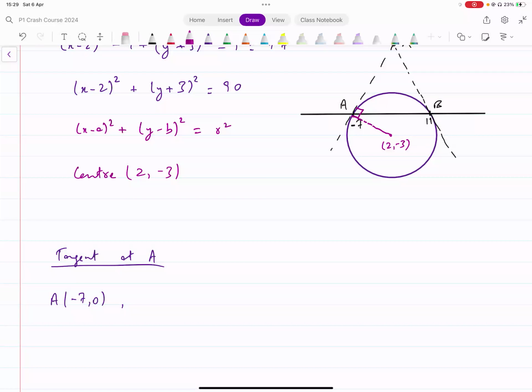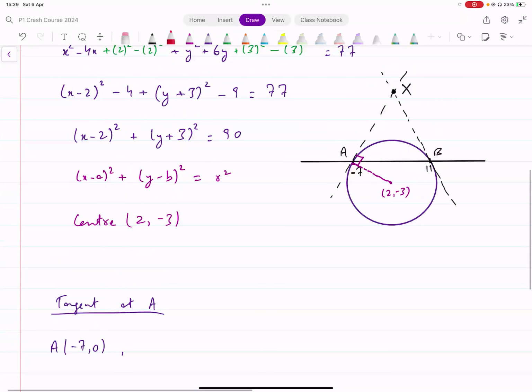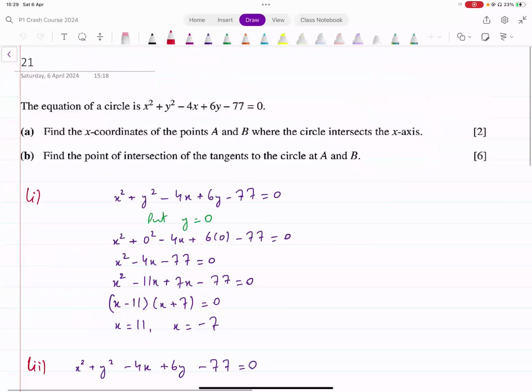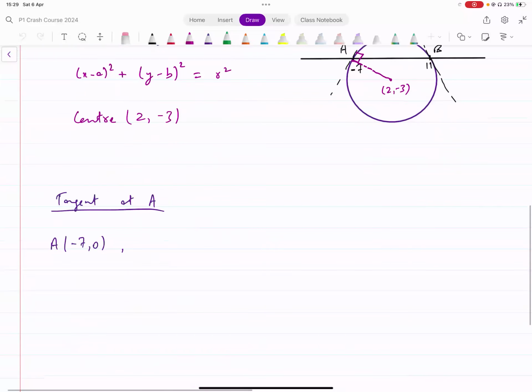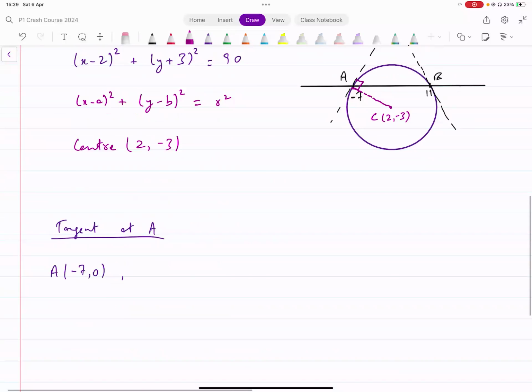Okay, let's find the gradient of this radius. Let's call the center C. Now let's find the gradient of the radius, which is AC.